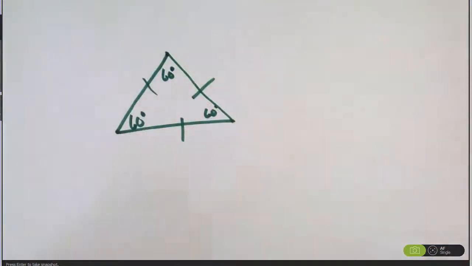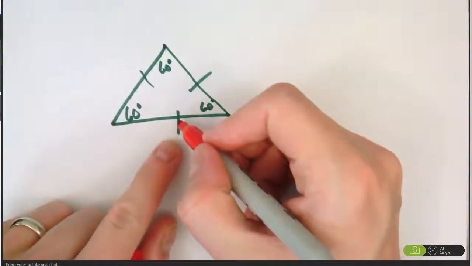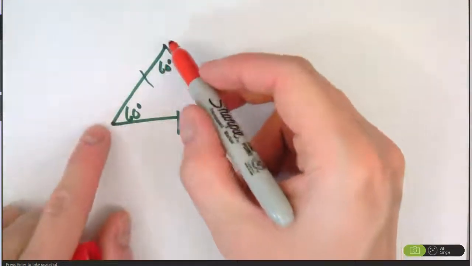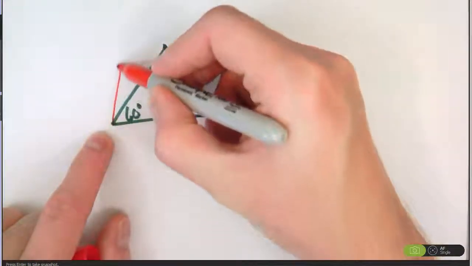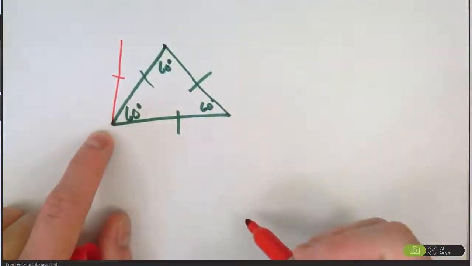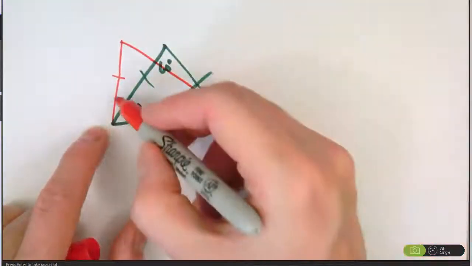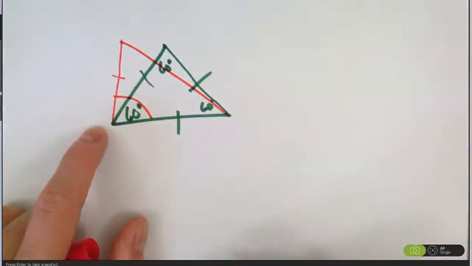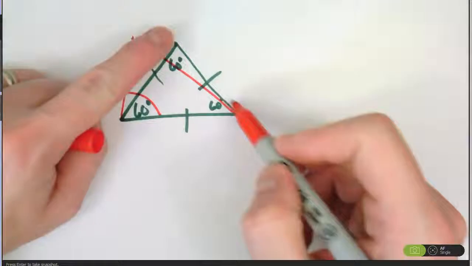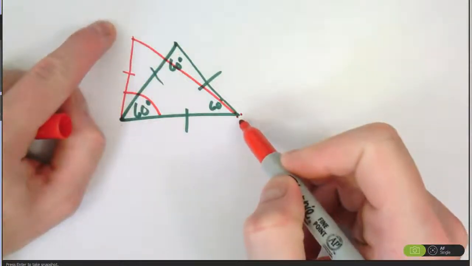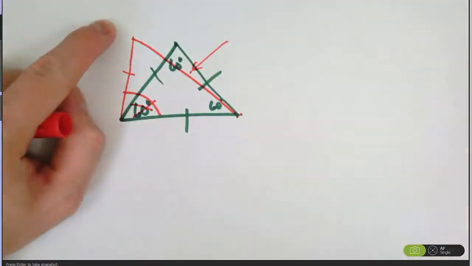If I keep this side the same length and keep this side the same length, and I open that up a little bit, that makes this angle even bigger. These two sides stayed the same length, but this side here had to spread out and become more open. So once the angle's gotten bigger than 60, this side's got even longer itself.